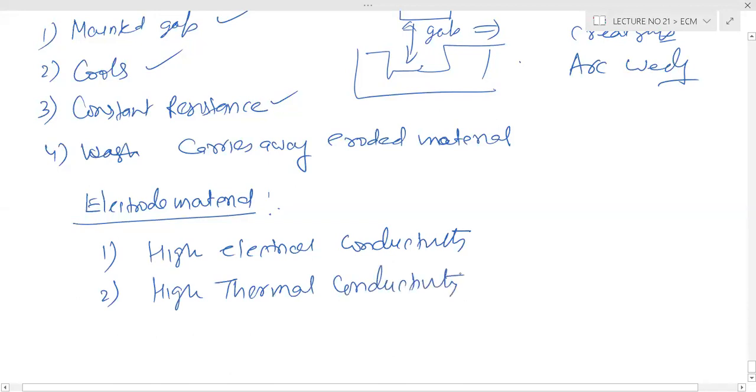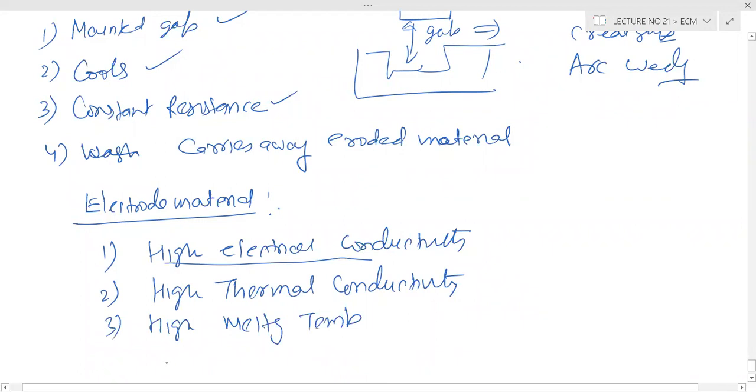Because an electric arc, that is a spark, is to be generated, both the workpiece and the tool must be conductors of electricity. And high melting temperature.